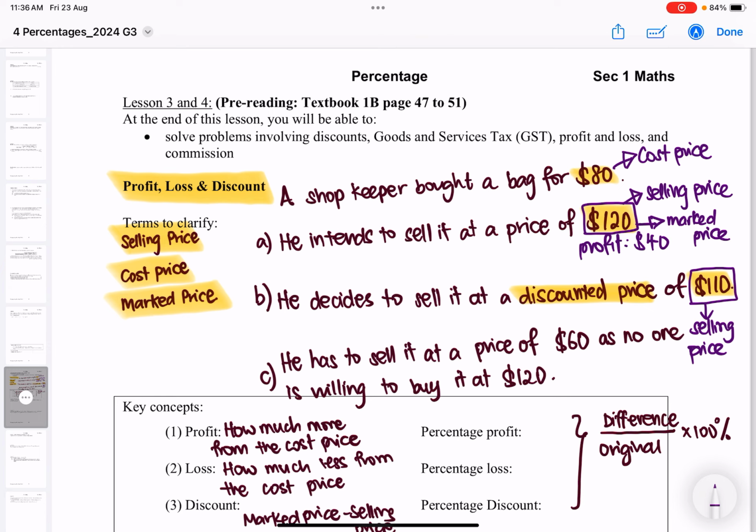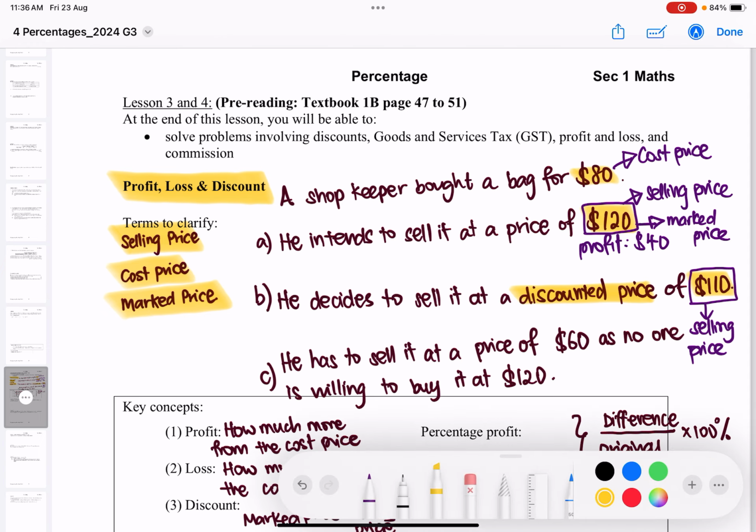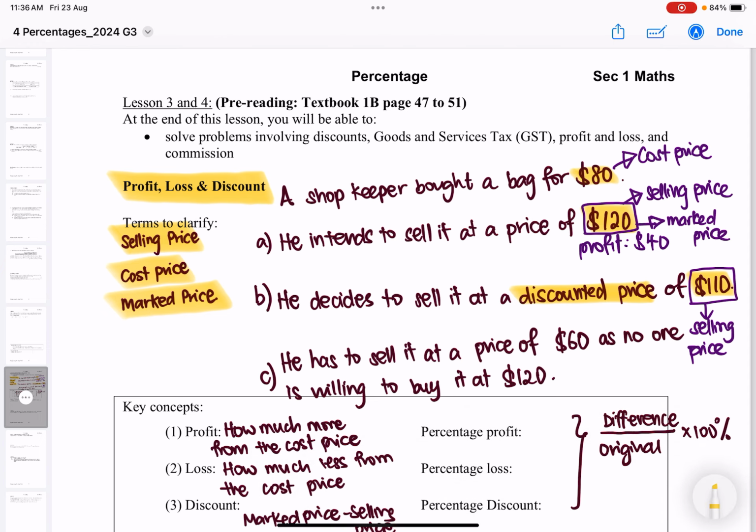Now, let us look at a slightly different context. So let's say nobody decided to buy the bag at $120. He tried selling it at $110. Still nobody has decided to buy it. So in order not to lose more money, he decides to let it go at a price of just $60. Can you see that compared to his original cost price, he is now selling it at a lower price.